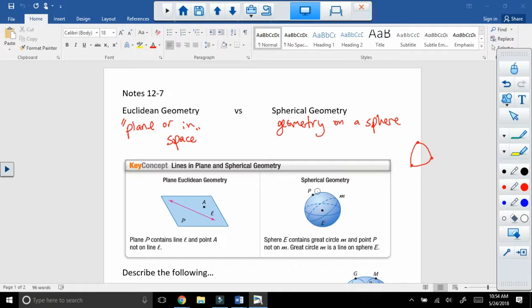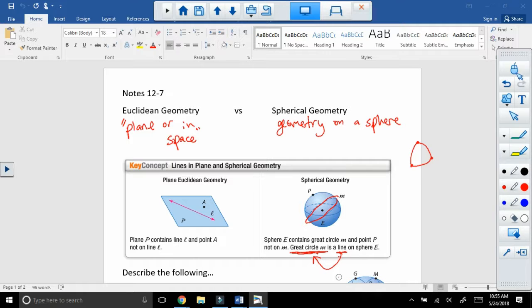But it says here, for the spherical geometry, sphere E contains great circle M, and point P that's not on M. Maybe underline this: the great circle is what's considered a line in spherical geometry, because it would continue to go straight, but it would have to curve around that sphere. So a line in spherical geometry is the great circle.